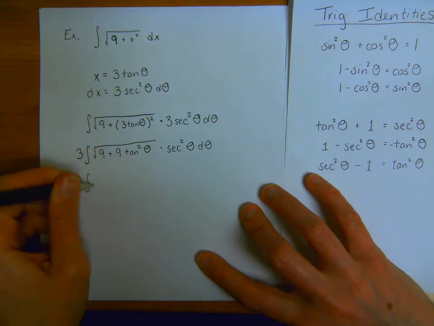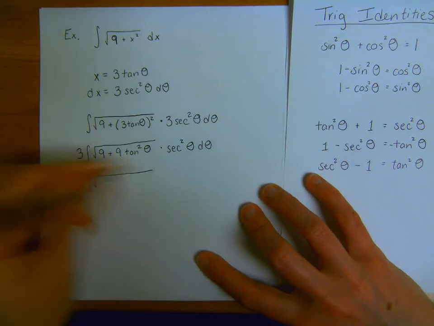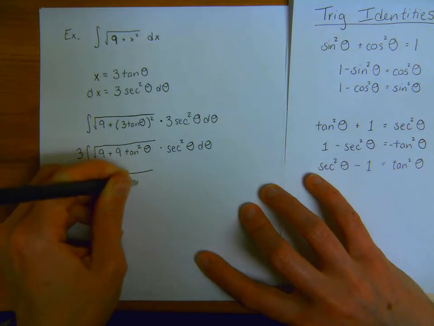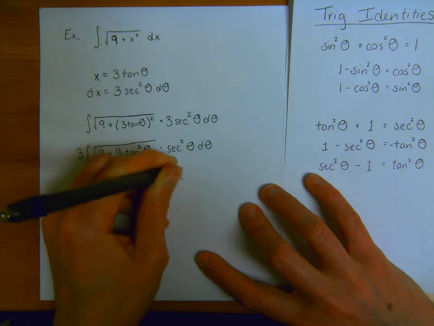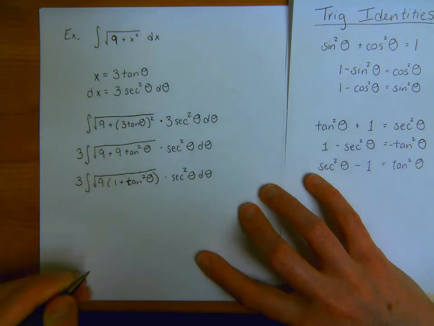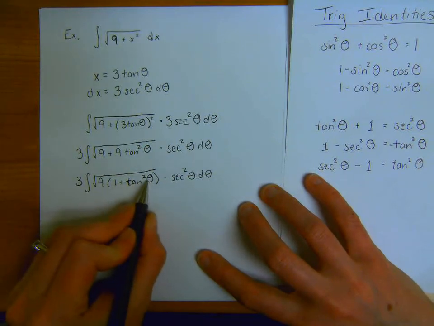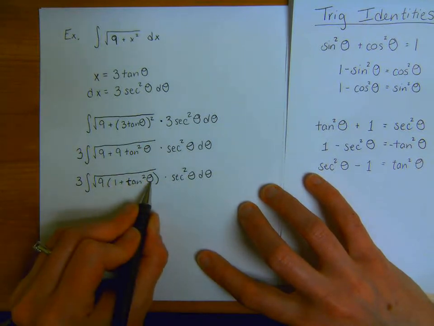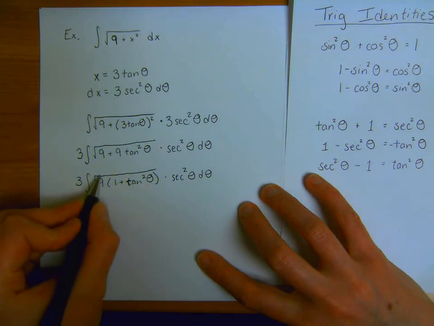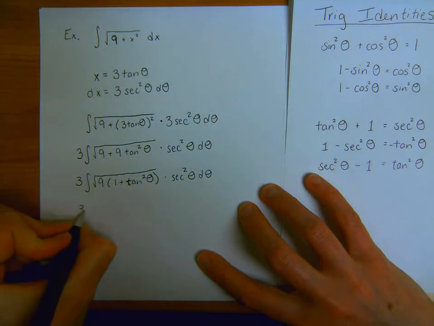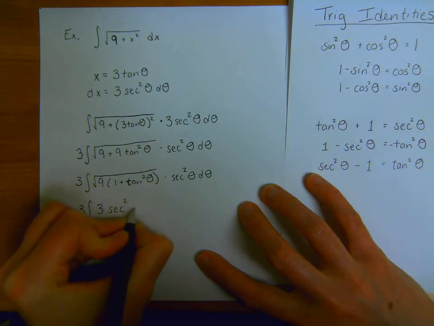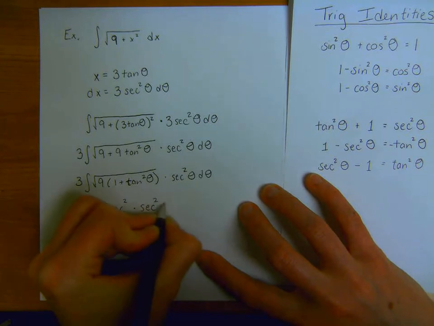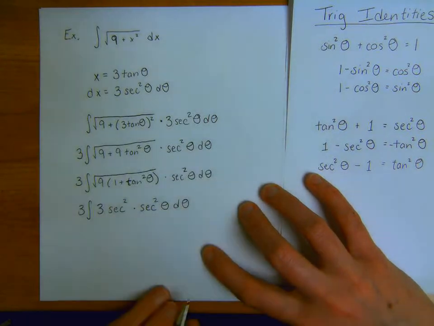From each of these terms, this becomes the square root of 9 times 1 plus tangent squared theta, times secant squared theta d theta. 1 plus tangent squared is secant squared. That's the whole reason why we did the substitution. The square root of 9 is 3.